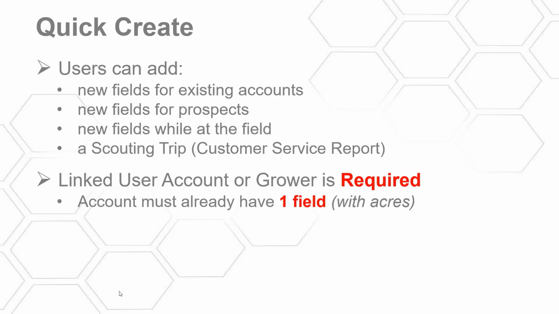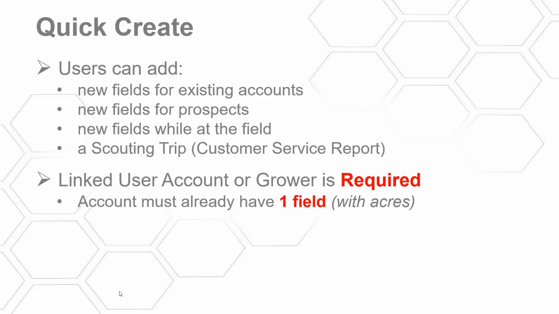One reminder here is that the linked account, that's a user account, or the grower account that is under the account that we're in, whoever that might be, is required for us to add a field from scratch. What is also required is that account must at least have one field in it. You see parentheses there with acres.